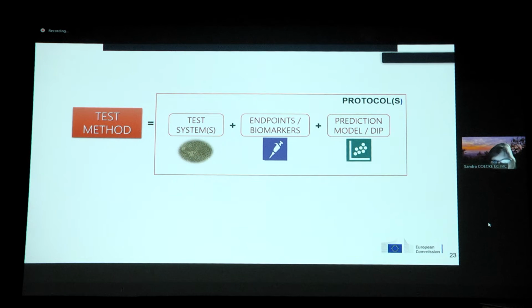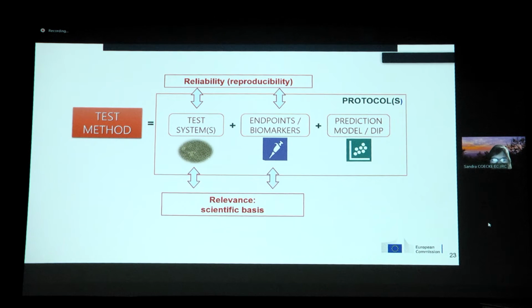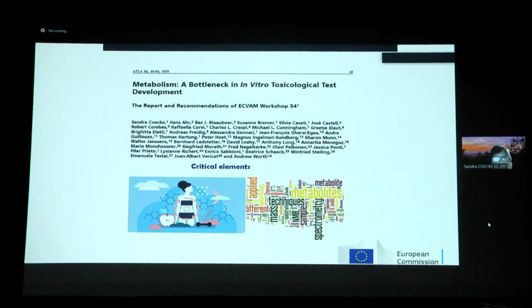You have a test system, it can be different cells. You have endpoints or markers to measure, and you predict something on that. Important is that what you use there is reproducible. And secondly, it's relevant. It has a scientific basis.